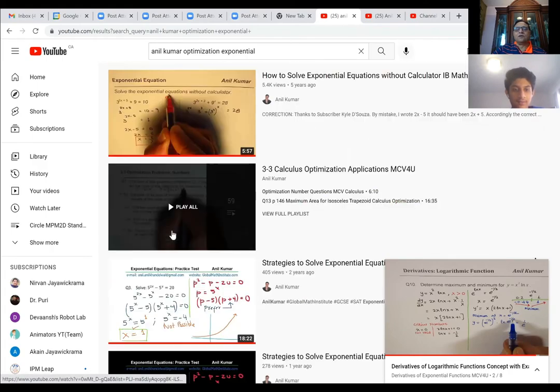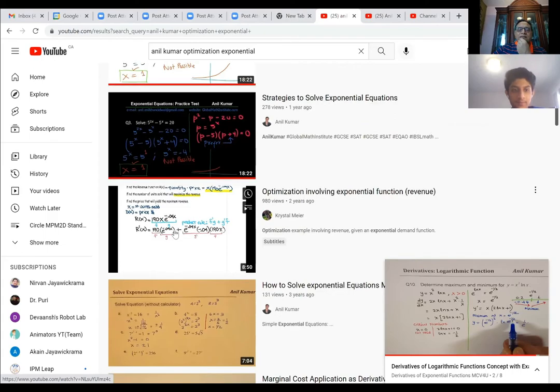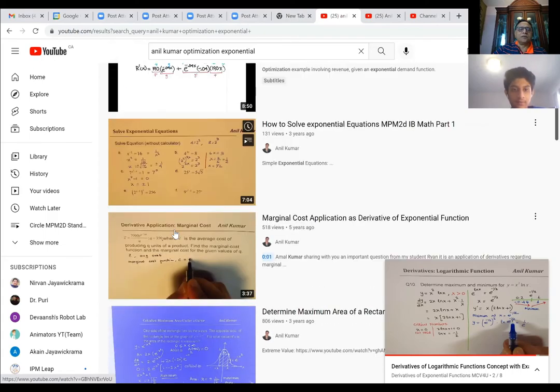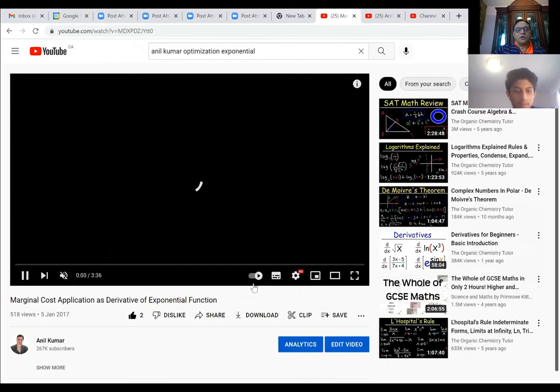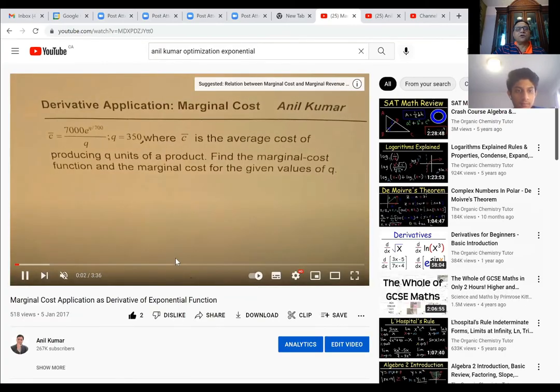So, many optimization questions will involve all those things. Now here, for example, marginal cost. You did financial related questions earlier, correct? Yes, sir. We did. So, here is a very good question based on marginal cost, which is a rate of change. So, have a look at this.